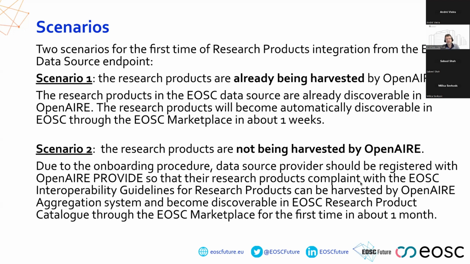Then the team will check the compliance level of the given endpoint, and make the research products harvested by the OpenAIRE aggregation system. And in the best case, if all goes smoothly, the research products will be visible after 1 month in the marketplace of EOSC.